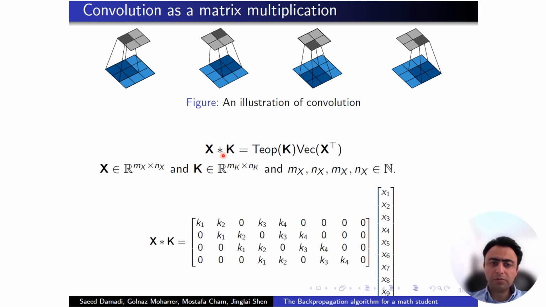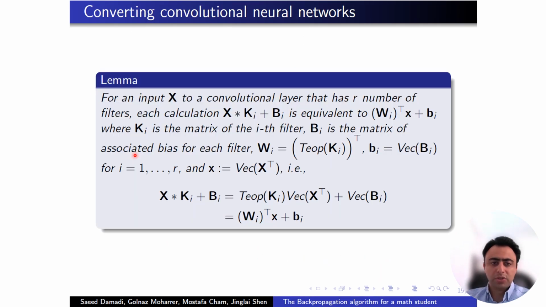We can convert convolution to matrix multiplication using the Toeplitz operator that puts the elements of a filter in an order, and we'll see this using a lemma. This lemma shows that we can rewrite a convolution operator as a matrix multiplication by using the Toeplitz operator and the vectorized version of the input. So we can convert a convolution into a matrix product, and then we can apply whatever we apply to fully connected networks.